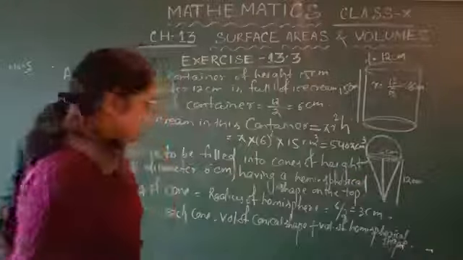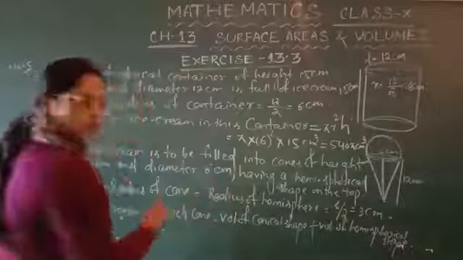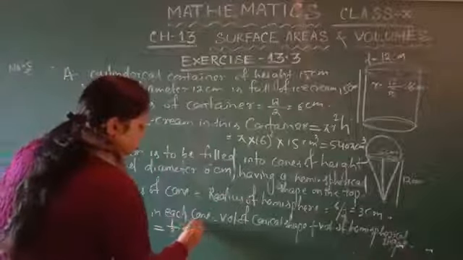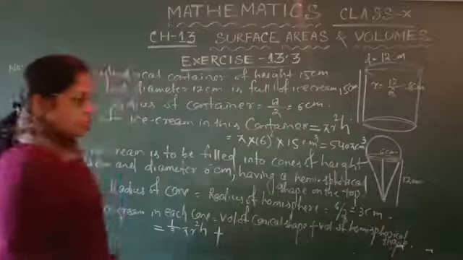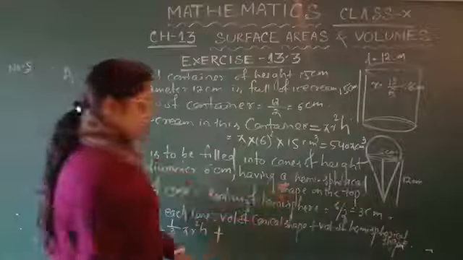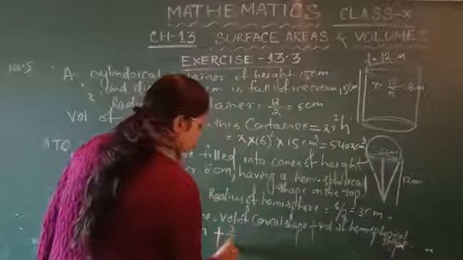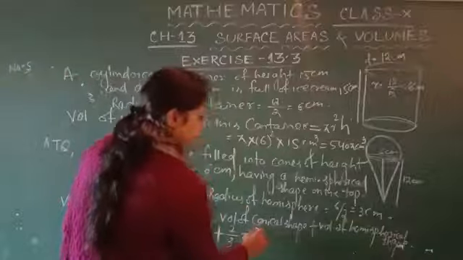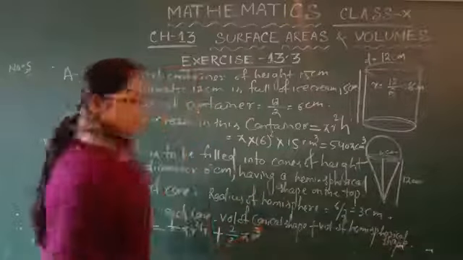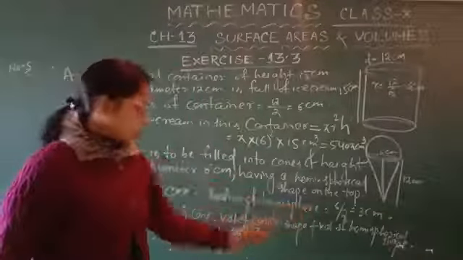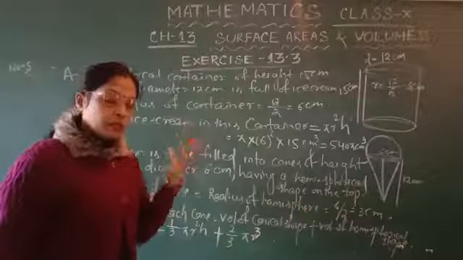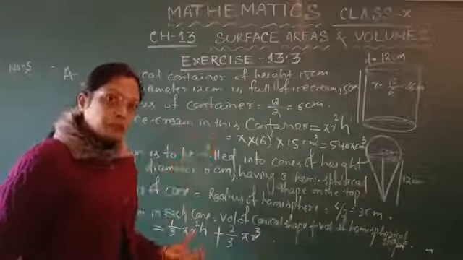So the volume of a cone is 1 upon 3 pi r square h, plus the volume of a hemisphere, that is 2 upon 3 pi r cube. The hemisphere volume is 2 upon 3 pi r cube, because the total volume of the sphere is 4 upon 3 pi r cube.